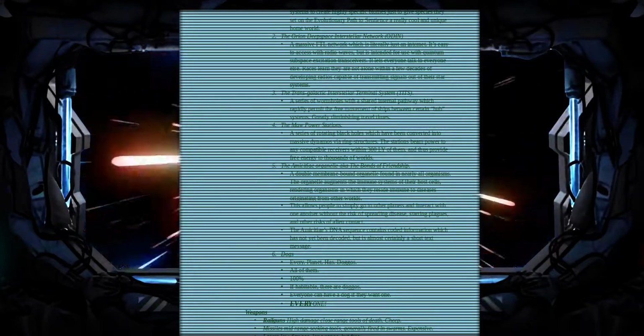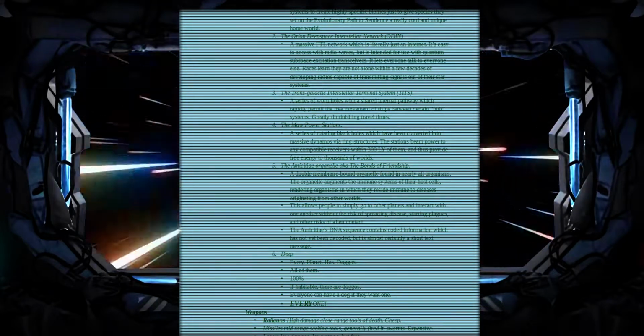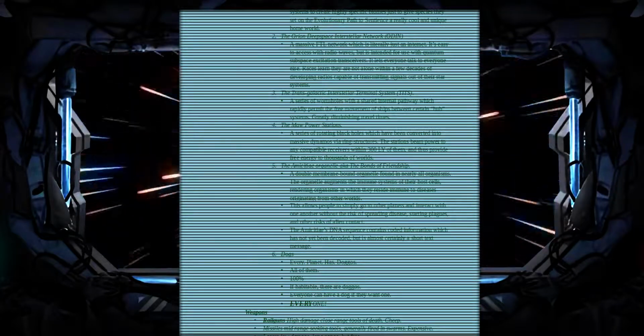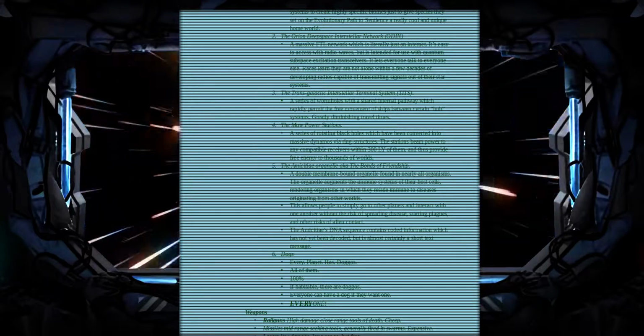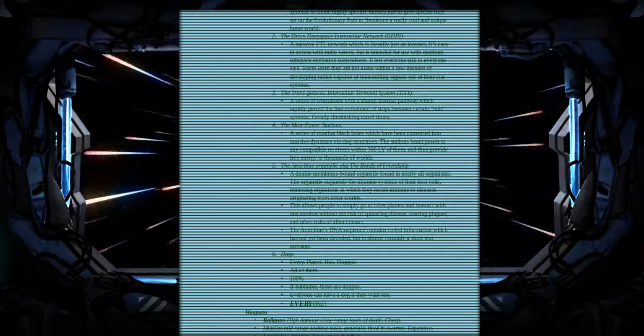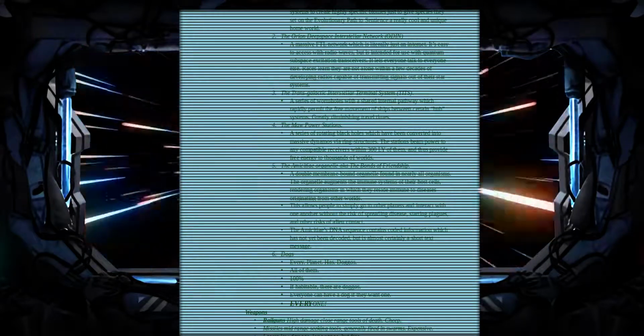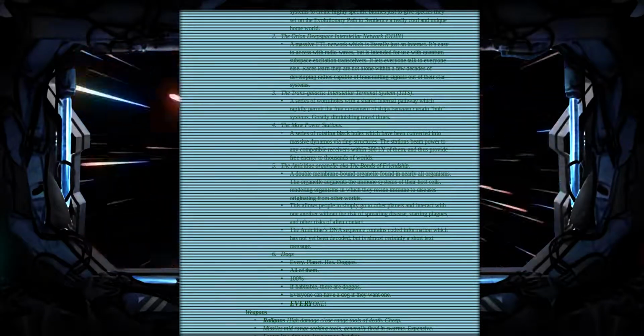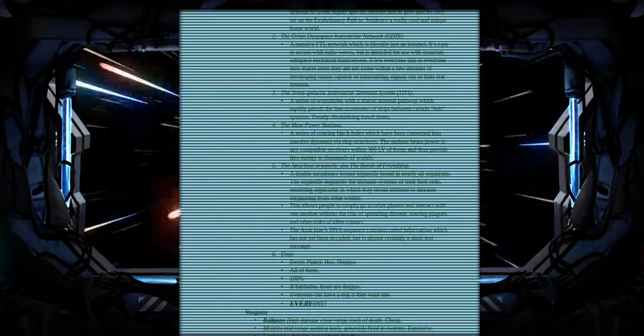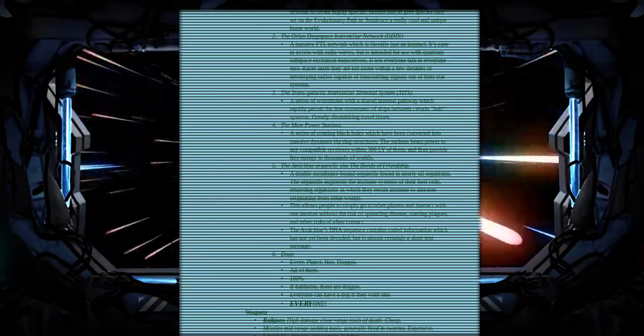Next up, the Maw power stations, also created for humans, or by humans, as well as for others. They're a series of rotating black holes which have been converted into massive dynamos via ring structures. These stations beam power to any compatible receivers within 300 light years of them, and thus provide free energy to thousands upon thousands of worlds.